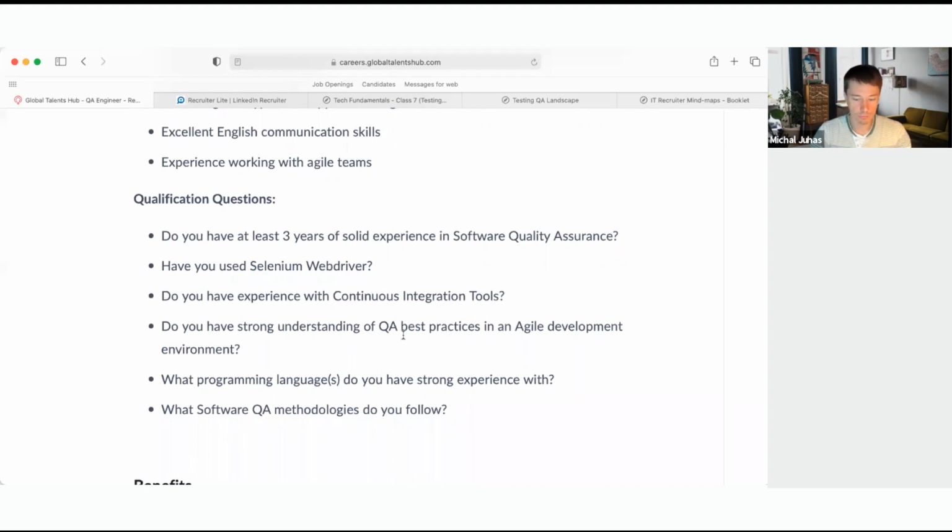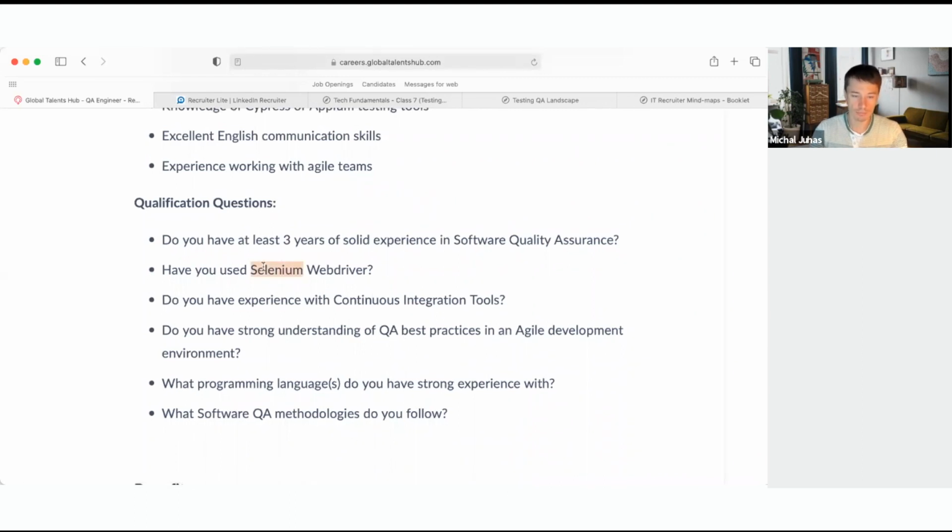I would not, for example, look for people based on the programming language they use, just because we may get someone who uses PHP as well as someone who uses Java or JavaScript. It doesn't really matter as much. So then the question is, what else? For example, the keyword Selenium is important because those who use Selenium really write automation tests, because that's what Selenium is used for.